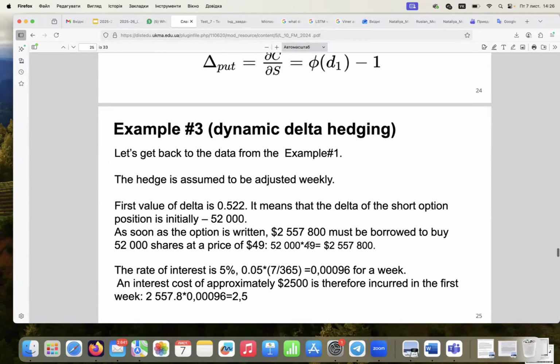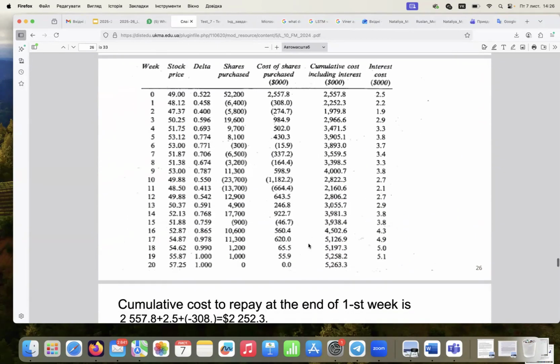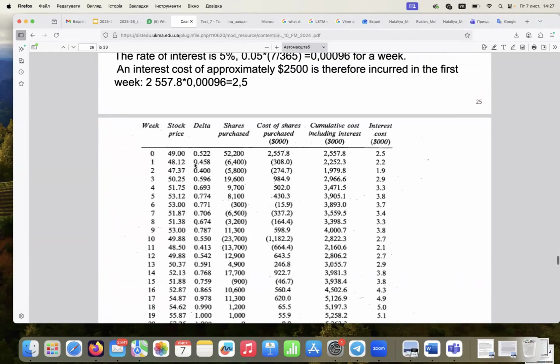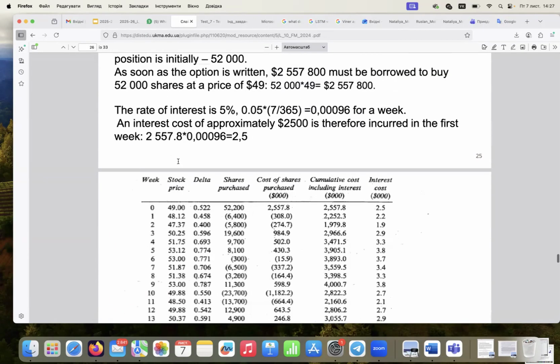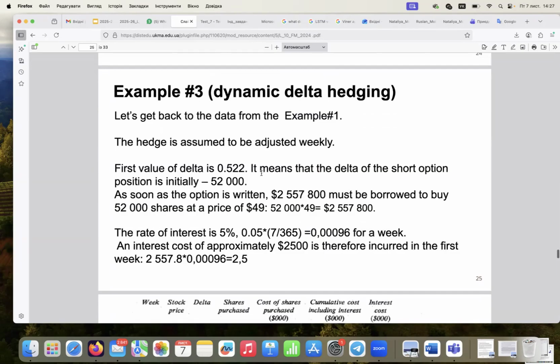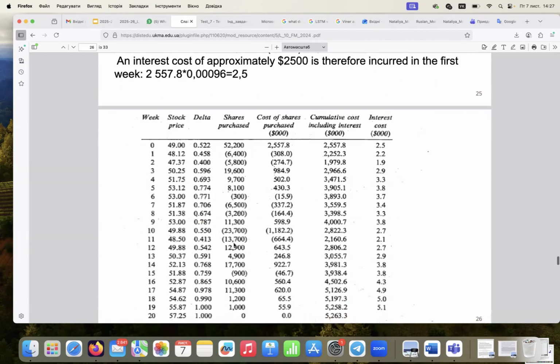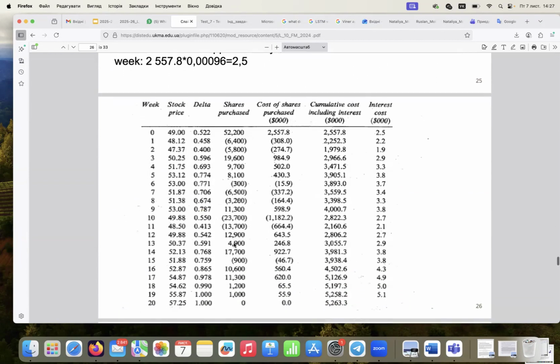Now I explain in terms of this example. If we would like to make this dynamic delta hedging, first we need to set all these parameters: time, strike price, interest rate, and all these 5 parameters.